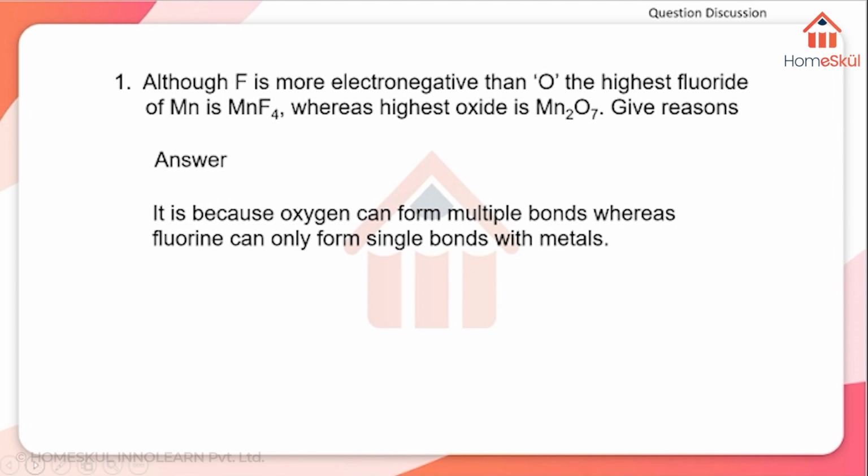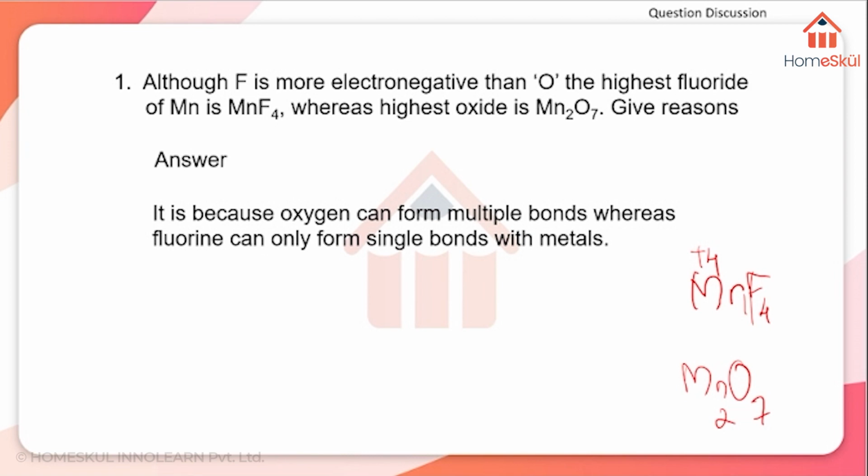Here in MnF4, fluorine has a -1 charge. So 4 fluorine means -4, and therefore manganese has a plus 4 oxidation state. And in Mn2O7, you can see one oxygen is -2, so 7 oxygen will be -14.